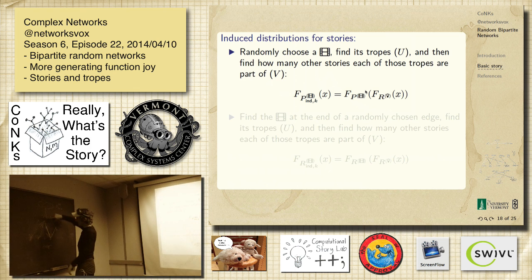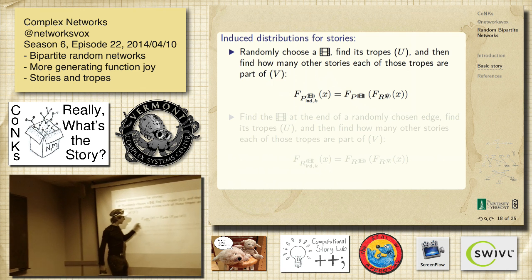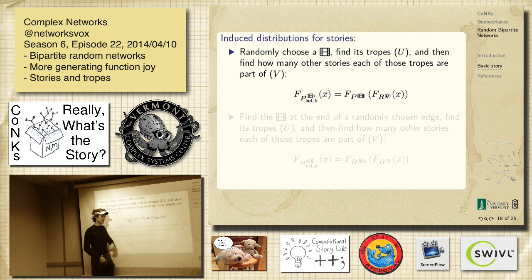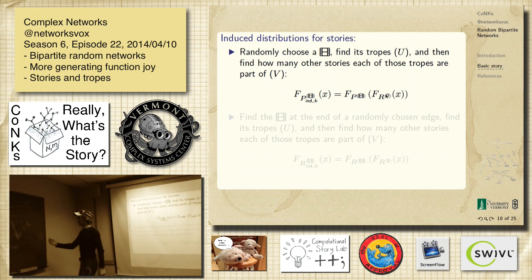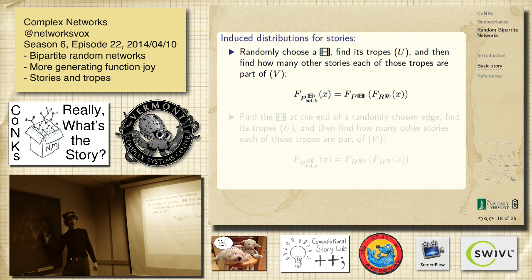We're randomly choosing a story, it has some number of tropes, and for each one of those tropes we sample from this distribution down here of how many stories it's part of. So this is your 20-sided die up here. You roll your 20-sided die and you get some number. That's how many tropes are in this story.